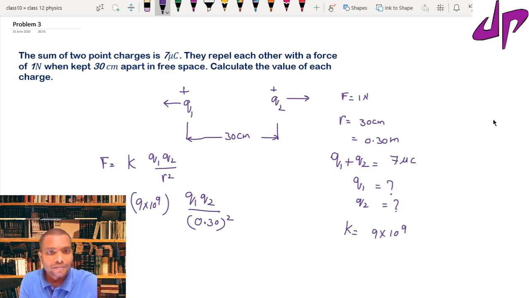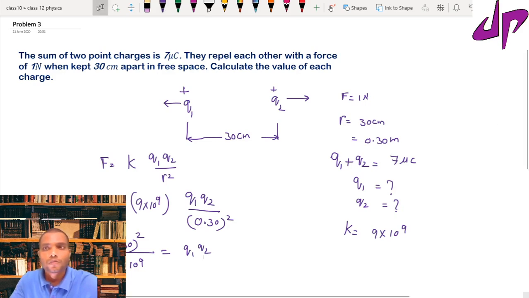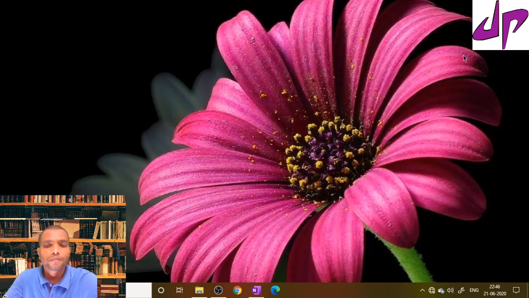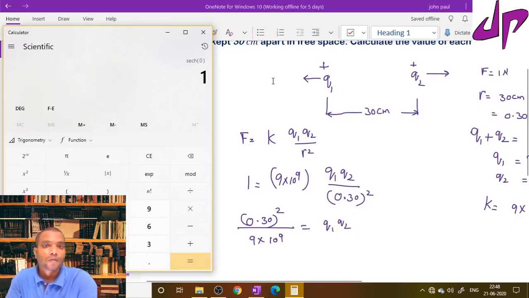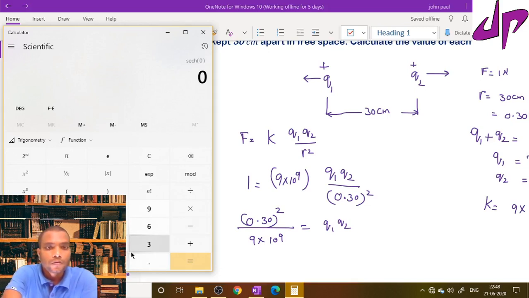If I simplify that, 0.30 whole square divided by 9 times 10 power 9 equals Q1 Q2. Let me use the calculator. 0.30 square and divided by 9 exponential 9.